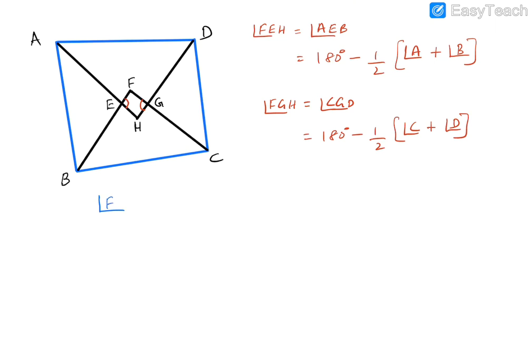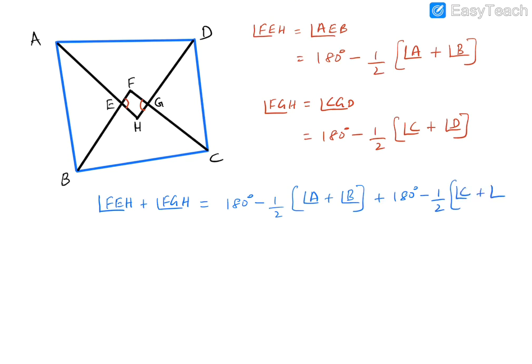So angle FEH plus angle FGH is equal to, first of all, angle FEH given by this expression over here, 180 degrees minus half angle A plus angle B, and then plus FGH, which is this expression over here: plus 180 degrees minus half angle C plus angle D. Now we'll just add up all the terms.